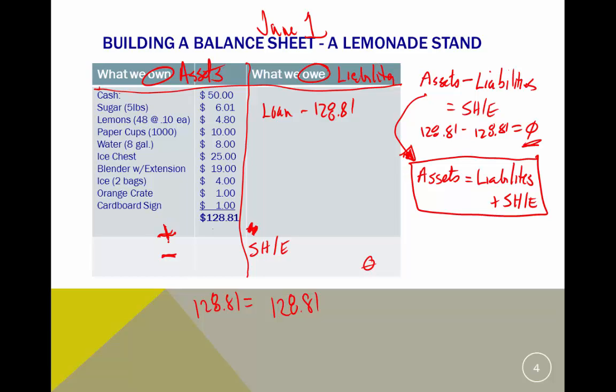So for instance, assume that we're pre-making our lemonade and we have consumed inventory items of minus $3. But we now have inventory of plus $3. In this situation, the total assets remain 128.81. Assets and liabilities plus shareholder equity remains 128.81.